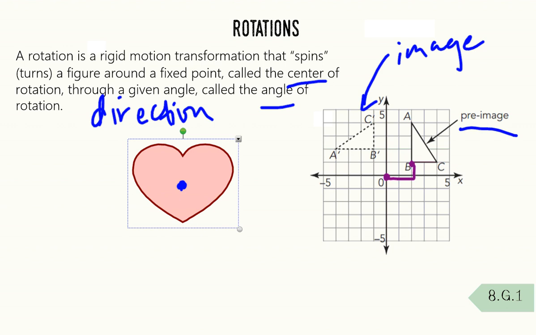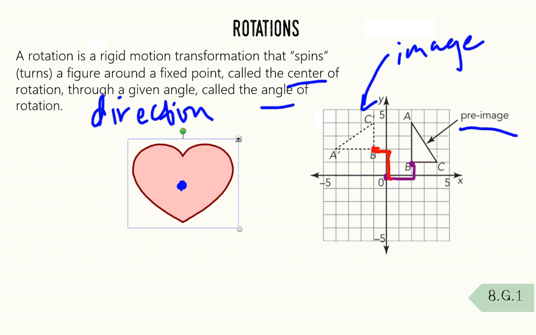If I draw a hook that looks like this, 2 units horizontally, 1 unit vertically, and I rotate this hook, I will land on my new point. This is point B. Here is my new point B. If I draw a hook here, I will see that it is also a distance of 2 and a distance of 1. So it's the same size as the first hook that I drew, but this original hook has been rotated.